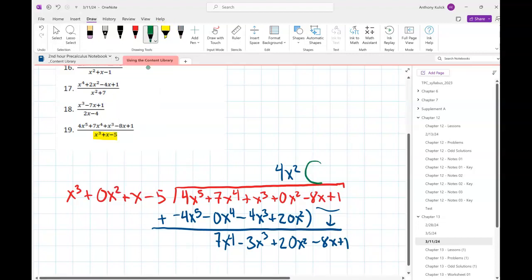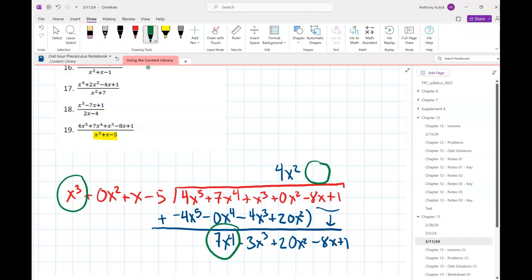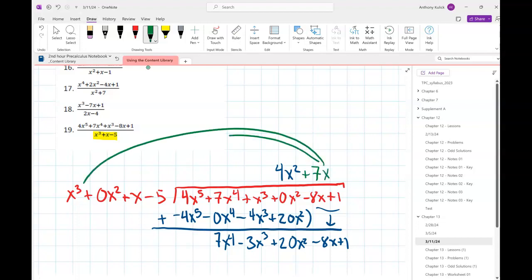And then I'm going to repeat again. I'm going to ask myself, what times x cubed gives me 7x to the 4th? 7x. Everybody agree? I'll then distribute that.